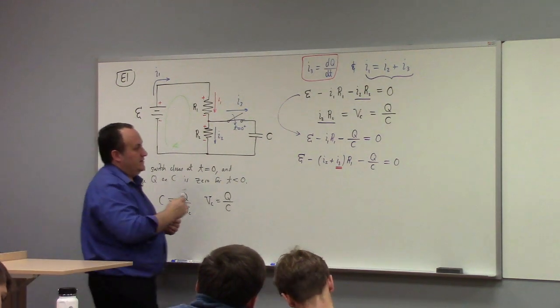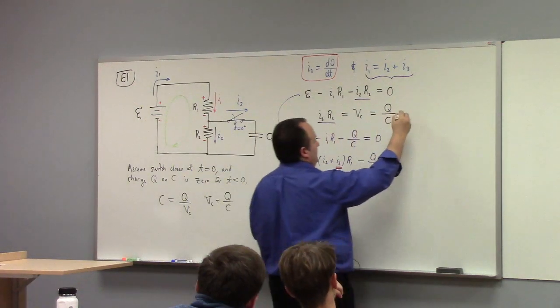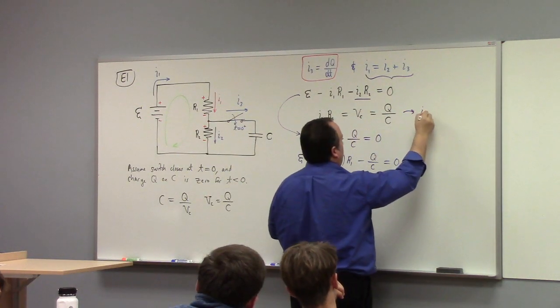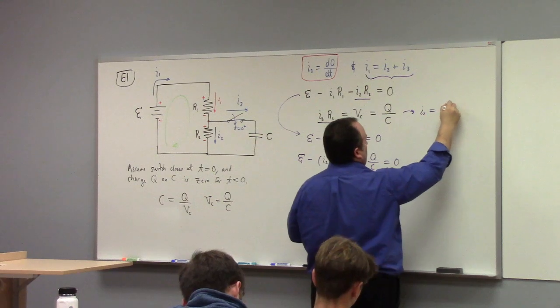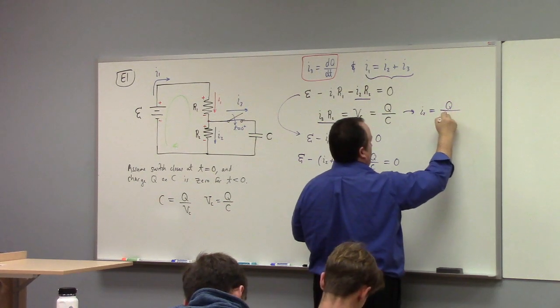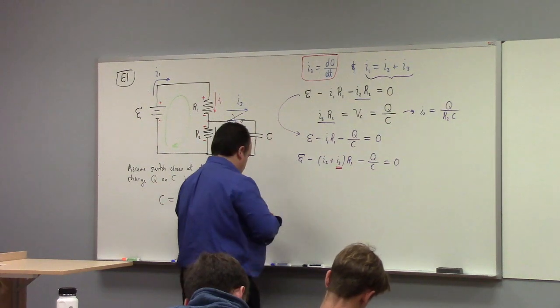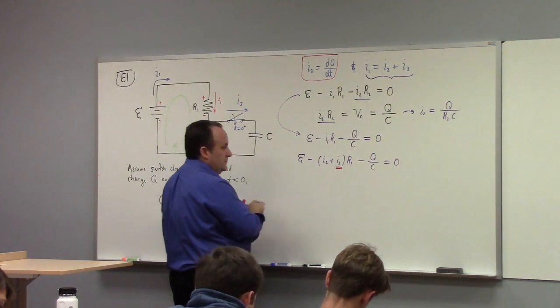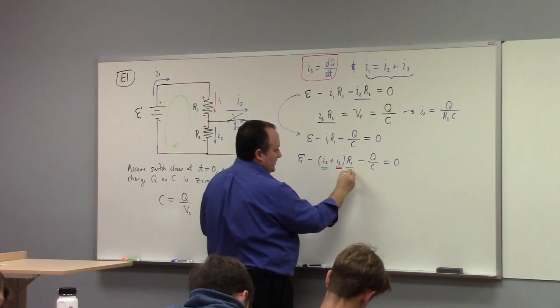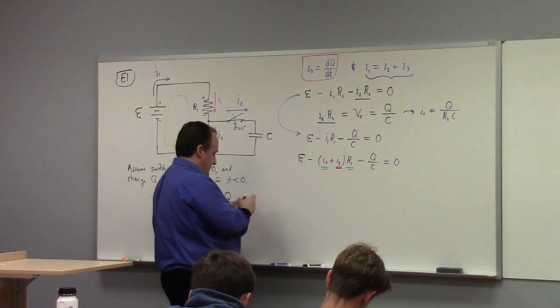Oh, but I can trade, check this out. This tells me that I2 is what? It's equal to Q over R2C, isn't it? So I can trade out this I2 R1, right? And what am I up against here?